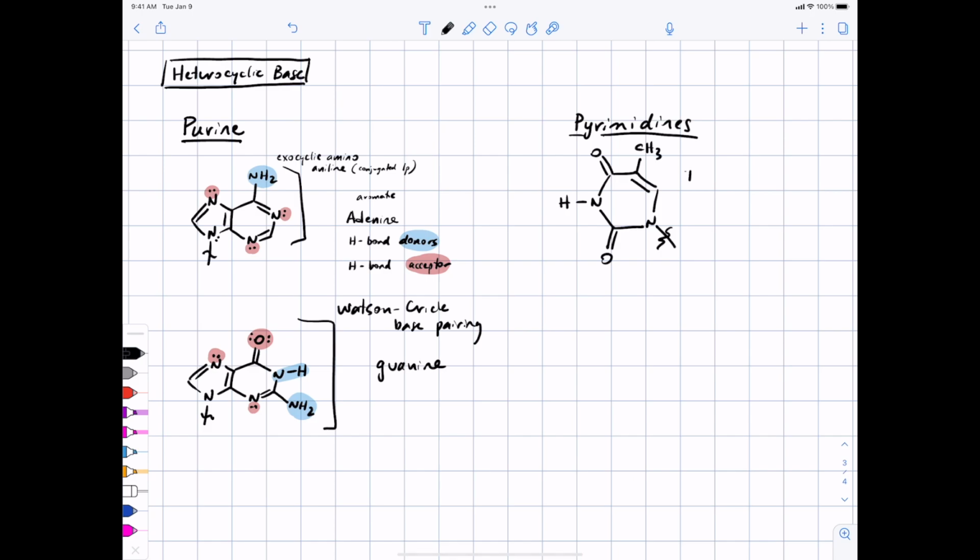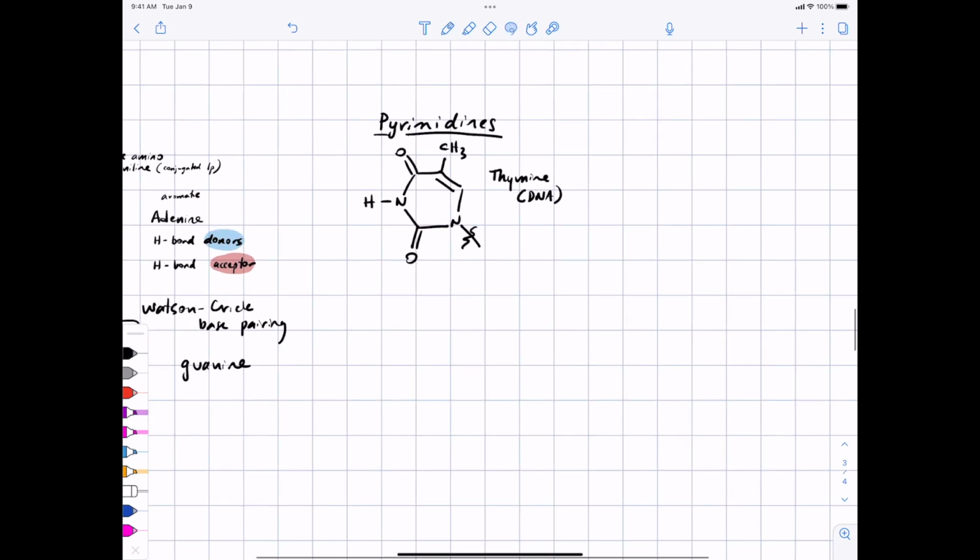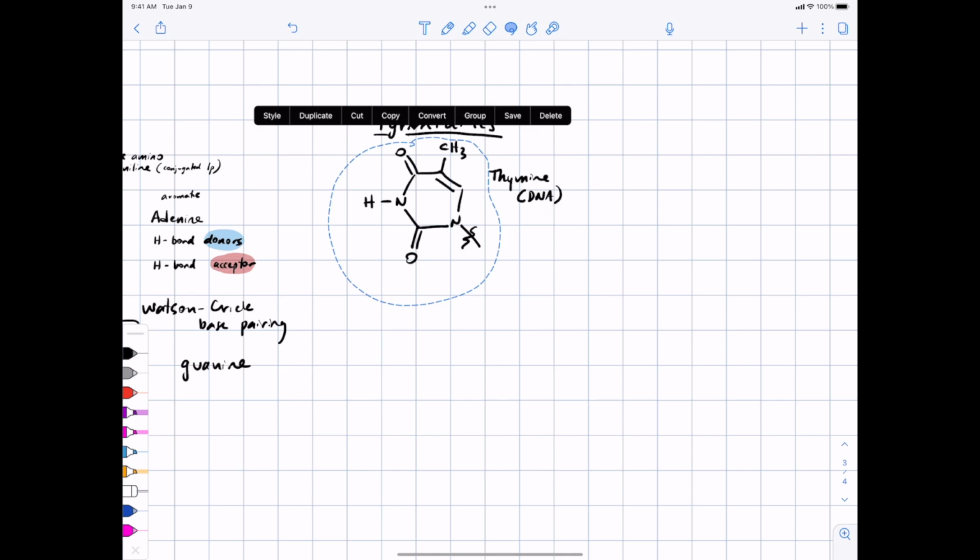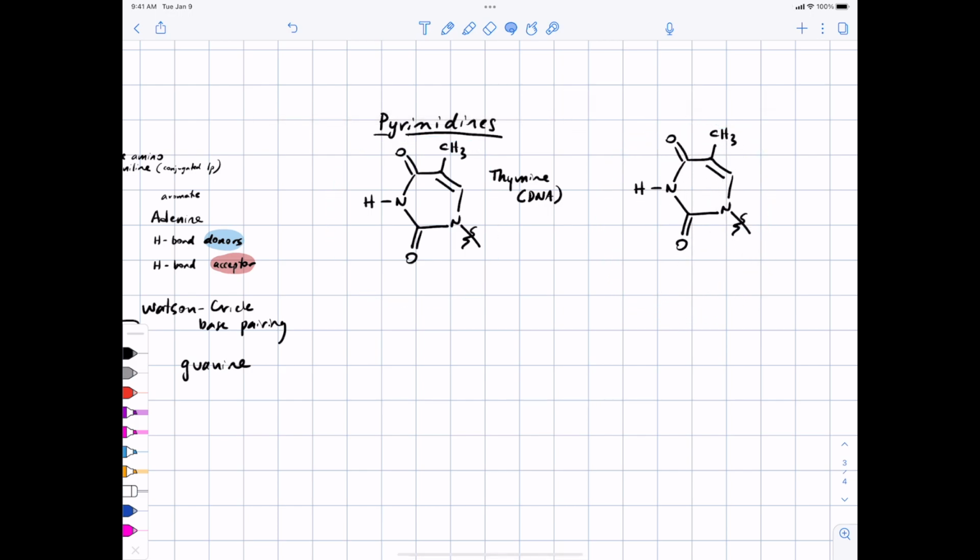I'm drawing for you here thymine. Thymine is only present in DNA. If we're in RNA, you lose the methyl group and you have uracil.